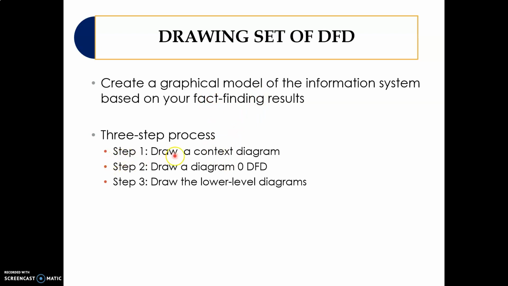For the first step, you need to draw a context diagram first. And then in the second step, you need to draw a diagram 0 DFD. And after that, you need to draw the lower level diagram.